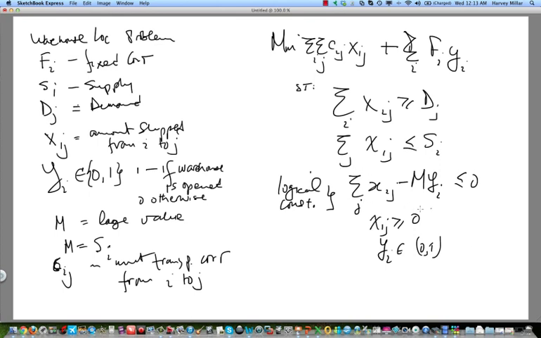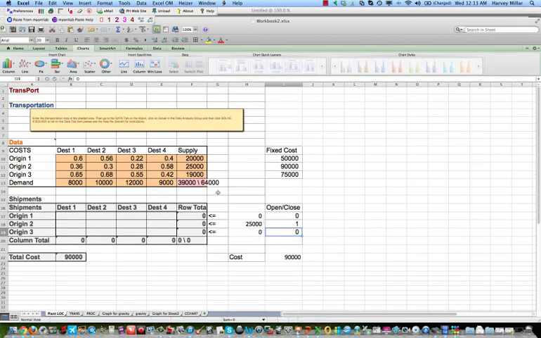This constraint right here. Okay, so I need this term, and then I need this, which is the total amount shipped out of warehouse I, and this is the large number M that forces the warehouse to be open if I'm going to ship out of it at all. So if we go back here, that's taken care of. And so essentially these are the constraints that I have to put in.